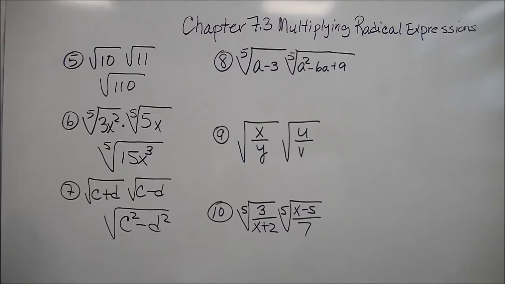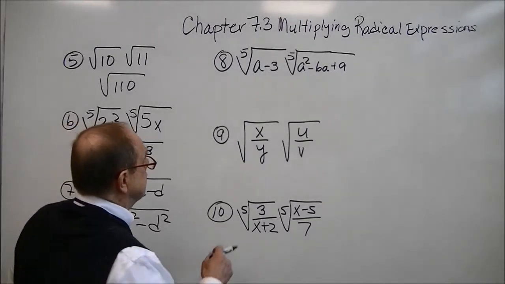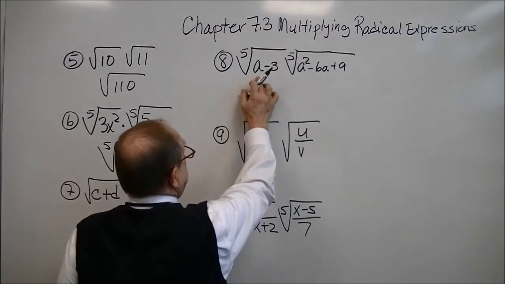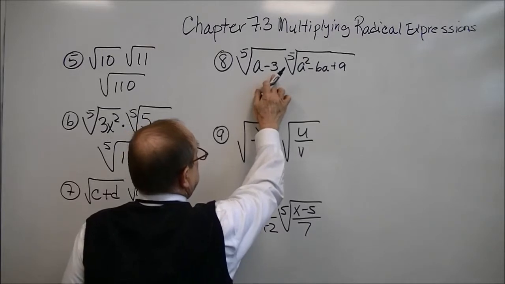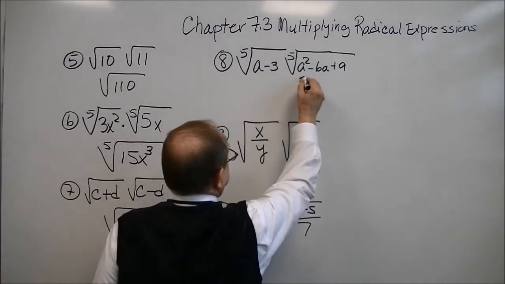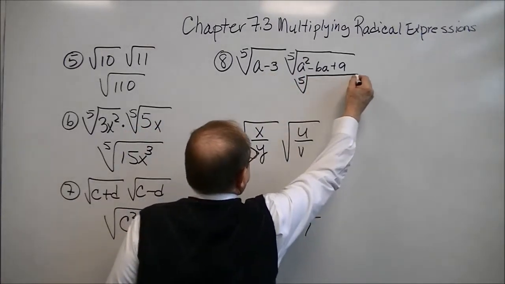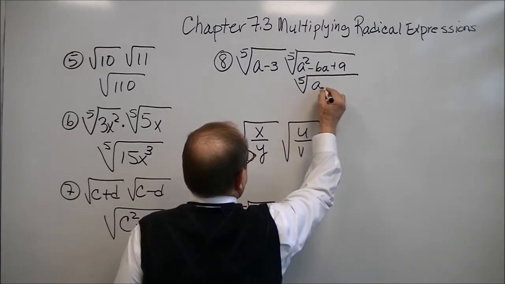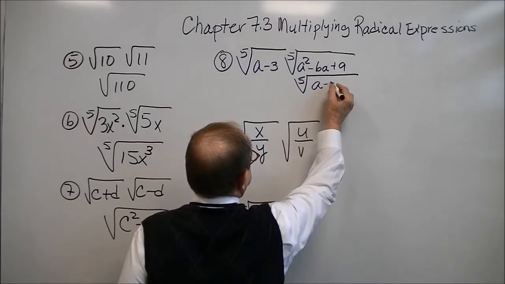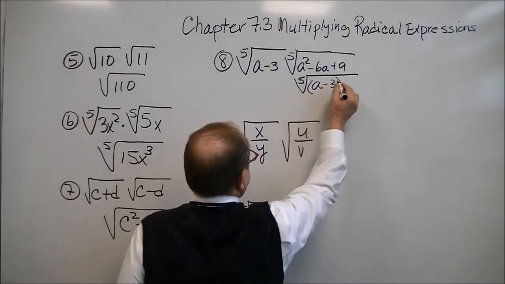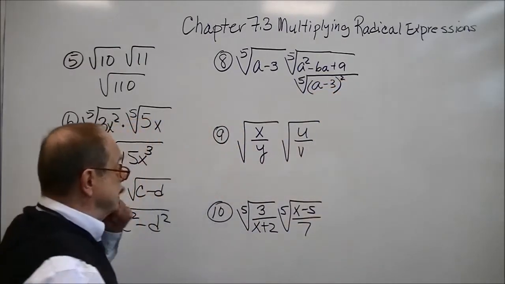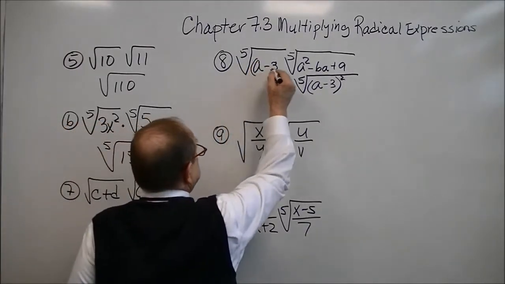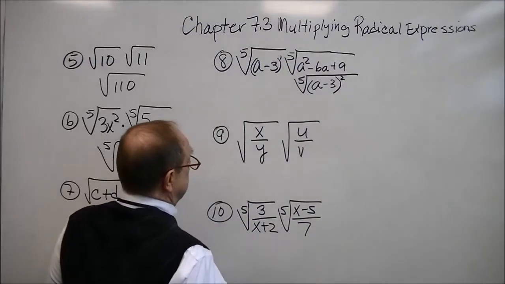Now in example 8, as you look at it, we see something here is sort of interesting. A minus 3. Well, if you factor this, this will factor into a minus 3, the quantity squared. So here, in a sense, you have one of them.